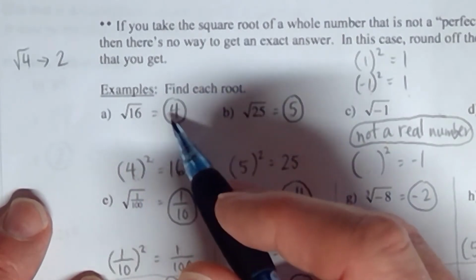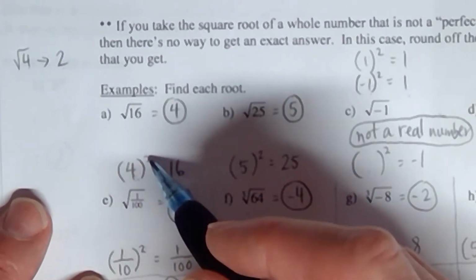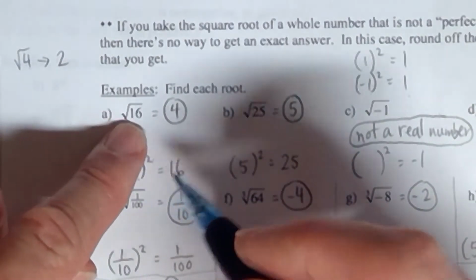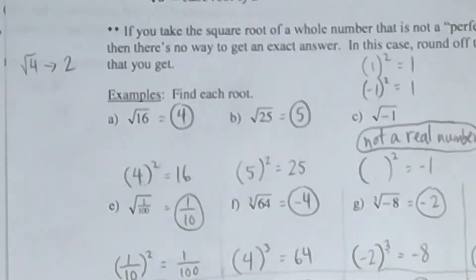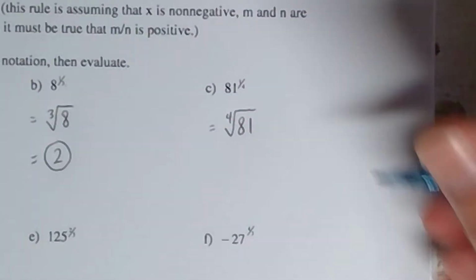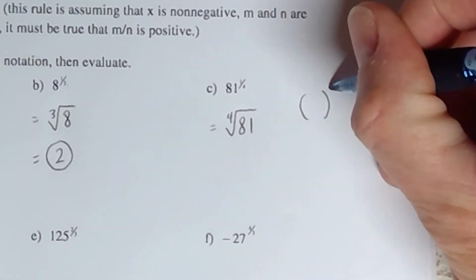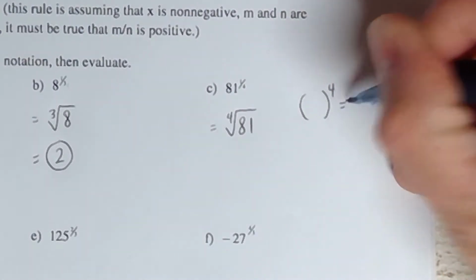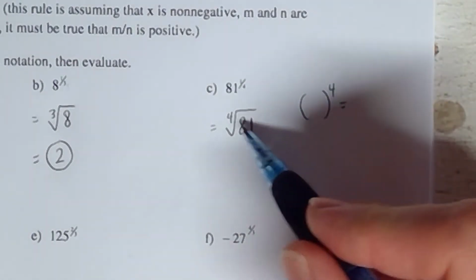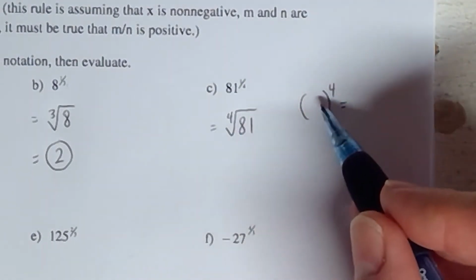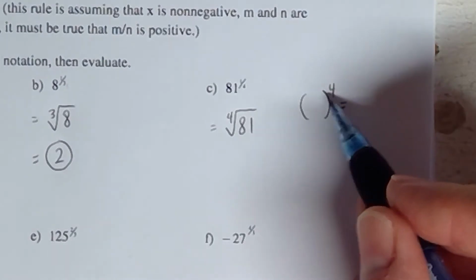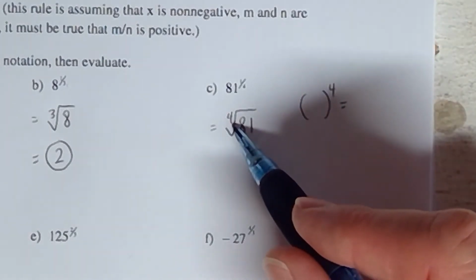That's why this is equal to 4. 4th roots work the same way. You are figuring out what positive number, and it's got to be positive, just like with square roots, you take to the 4th power. And I say 4th power instead of 2nd power this time because this is a 4th root.